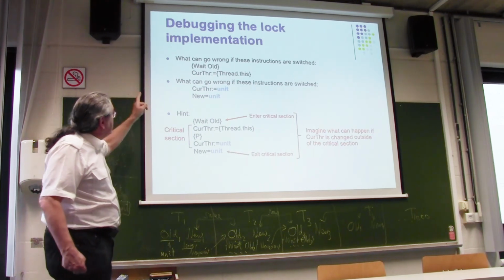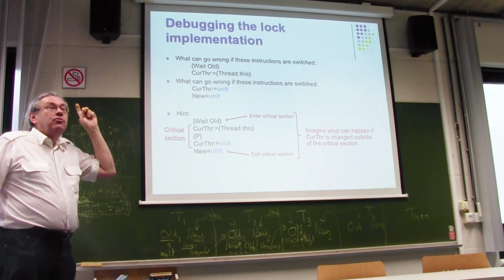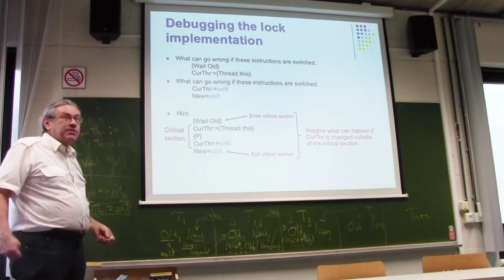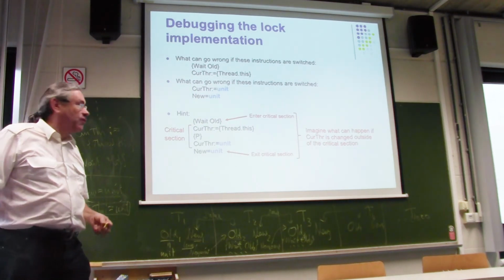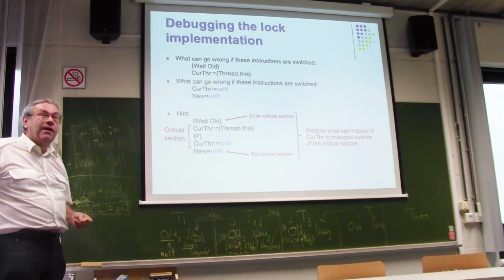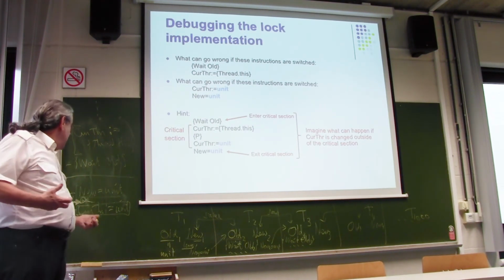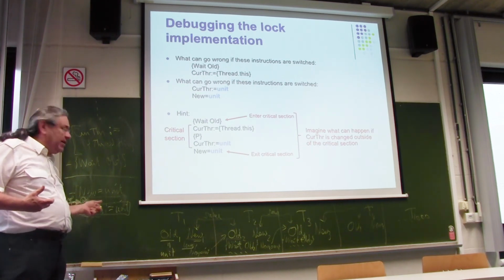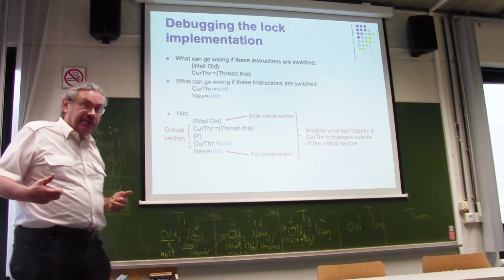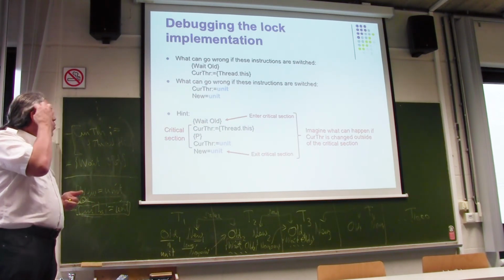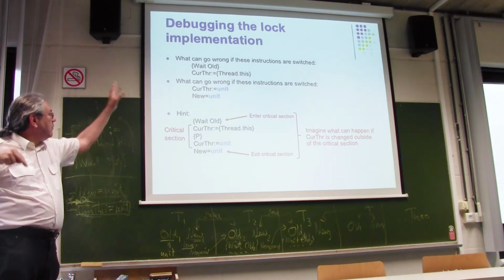And in concurrent programs, the scheduler can do anything, okay? You cannot assume the scheduler is doing nice things all the time. You have to assume the scheduler is a bad guy and is doing exactly the thing that makes your program break, okay? Because it will happen. It will happen when you run your system millions of times.